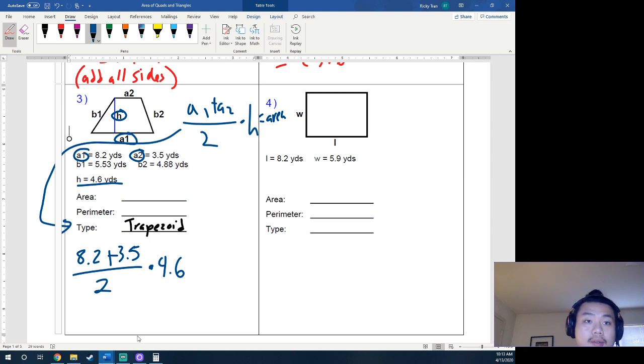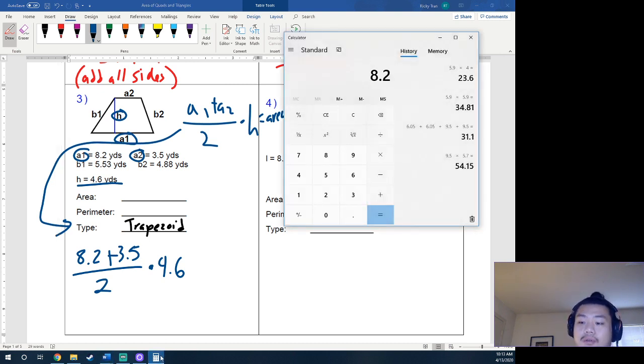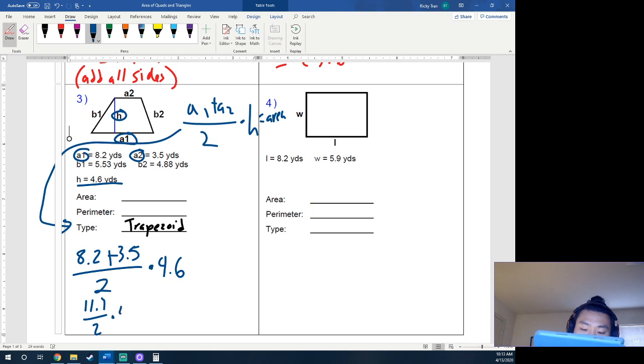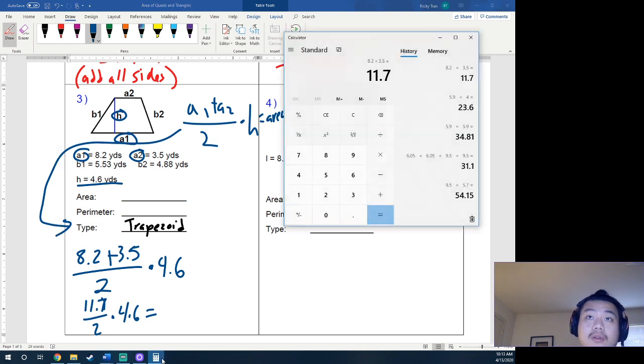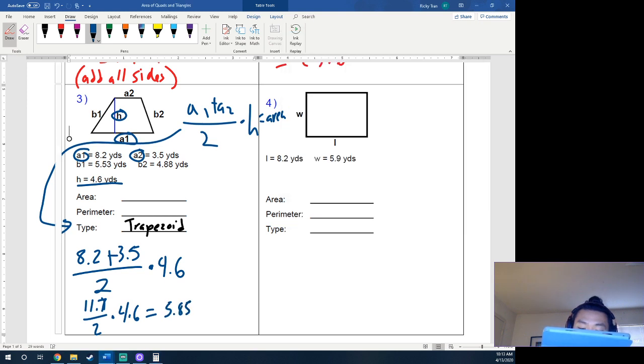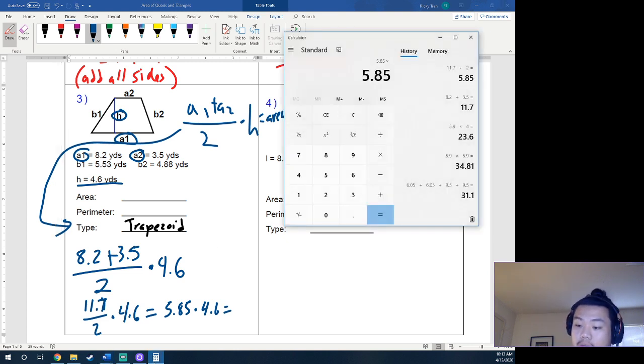So we're going to add 8.2 plus 3.5 is 11.7, and then we divide that by 2. 11.7 divided by 2 is 5.85. 5.85 times 4.6 is equal to 26.91.